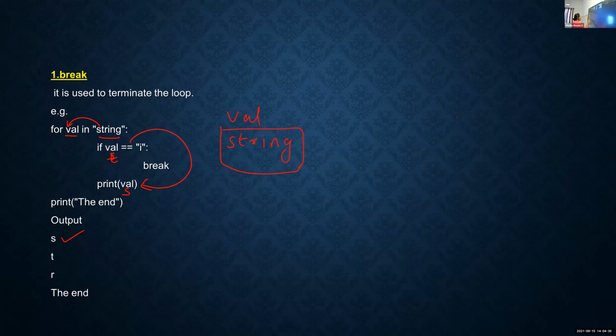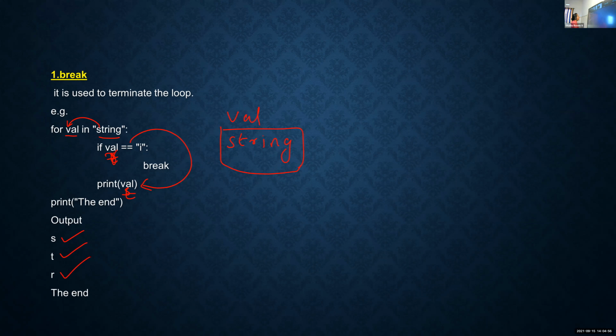So it will execute print val. So the result is T. Then after that, the next value is R. So it will check R is equal to I. Here this is also false. So it will again print R.